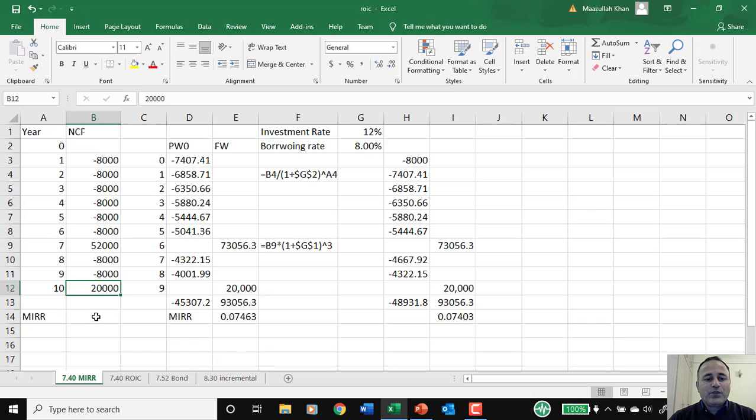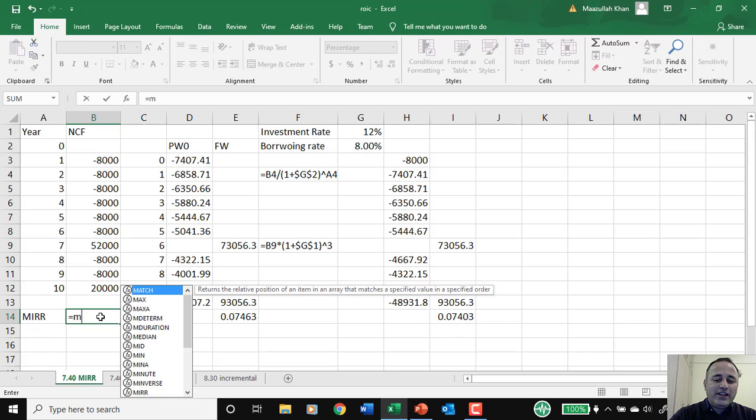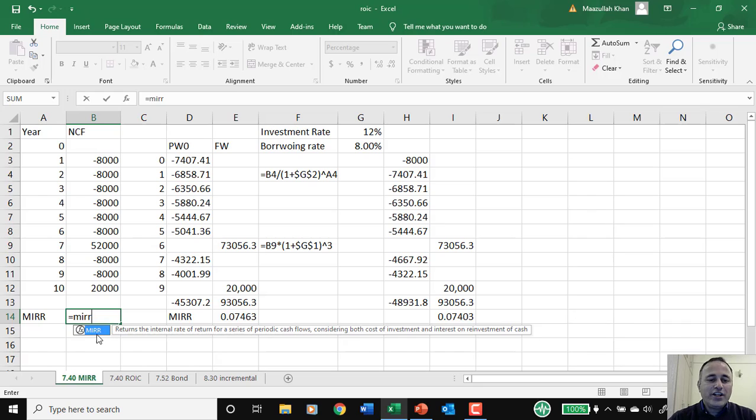So one way to calculate the modified internal rate of return is very simple. This formula is already in Microsoft Excel. So it is MIRR. Okay, once you double click on this, it says values. So choose all values.